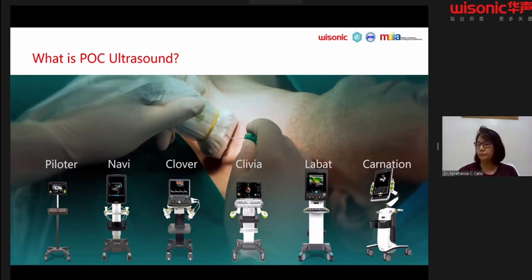With a point of care ultrasound exam, the aim is to answer a specific question with a more focused, goal-directed examination that can be used to assess most body systems. Like the Piloter, it is for pain management, Navi for anesthesia, and Carnation for ICU. With every model, we can fit a specific clinical application in any field of medicine.